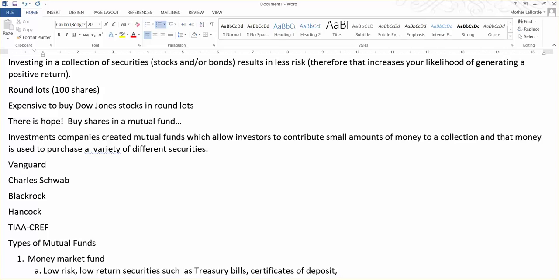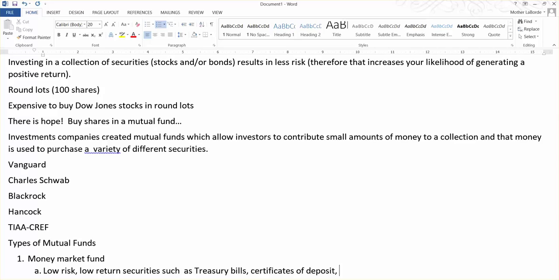If I wanted to cash in my CDs, I can't sell them to somebody else. All I can do is go to the bank that issued them and turn them in, and I'll pay a penalty for cashing them in early. If I wait until they just mature automatically, then there's no penalty.